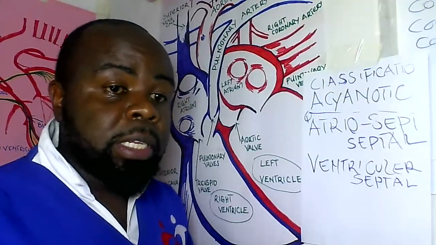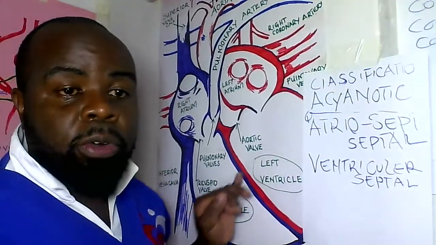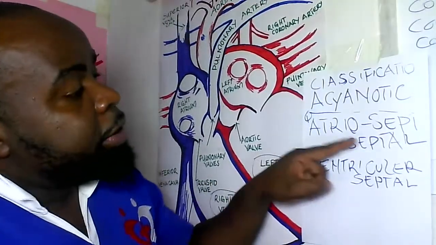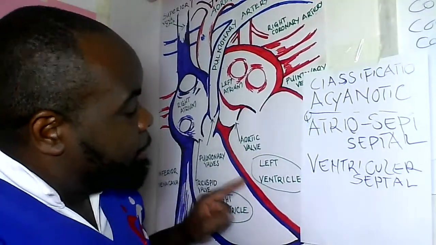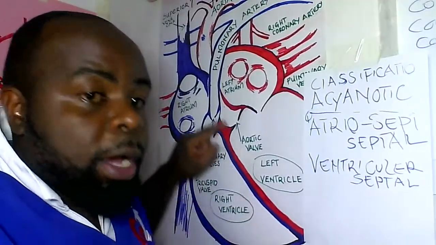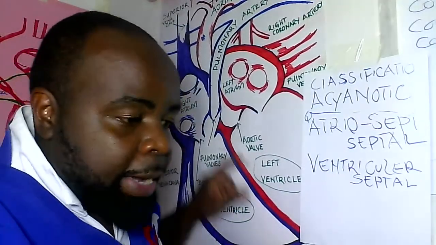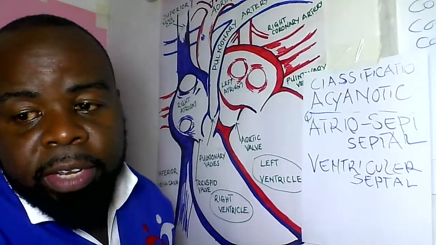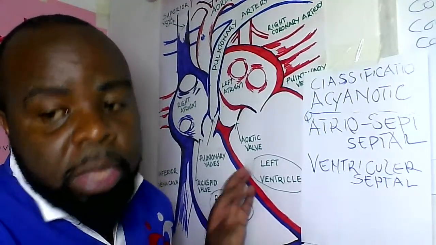Ventricular septal means there is a hole between the ventricles. That one was atrial septal. This one is ventricles. There is a hole here. A child is born with a hole between the ventricles. It is called ventricular septal defect, a hole between the ventricles.